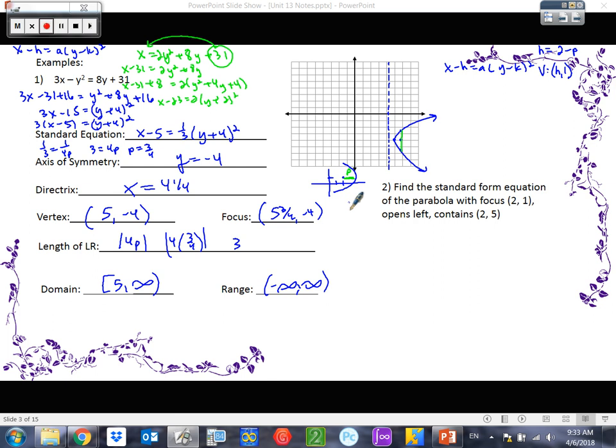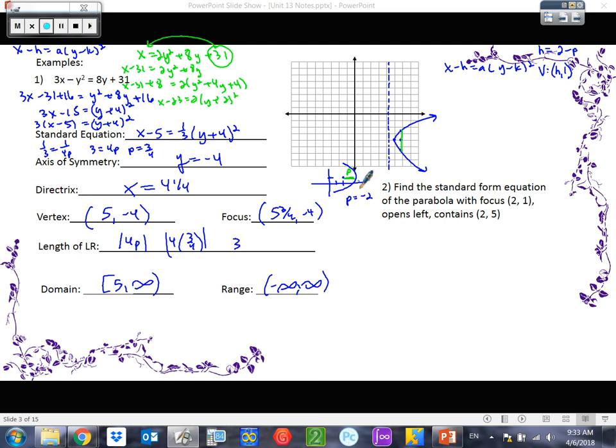Okay, so let's put a number with it. Let's pretend P is negative 2. We understand it's got to be negative, we're opening left. So if P were negative 2, what would this x coordinate right here be? 4, right?